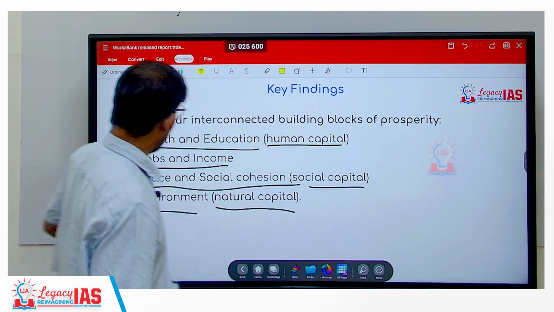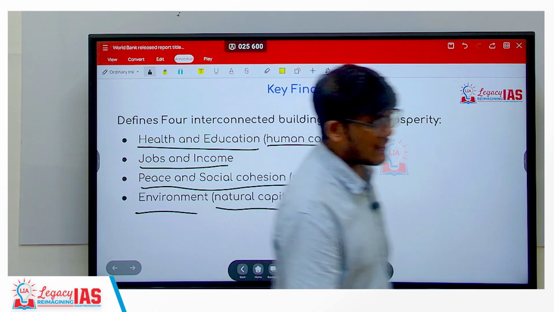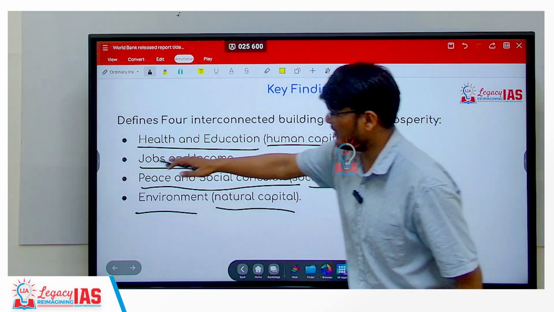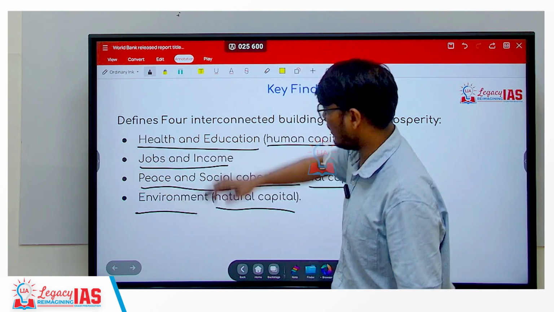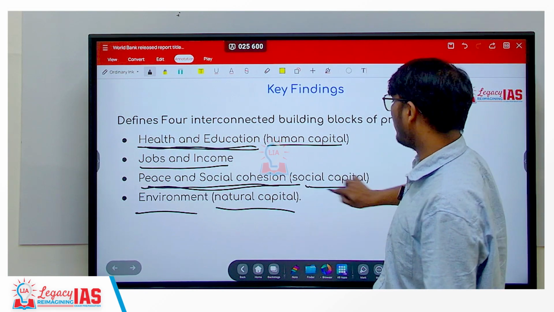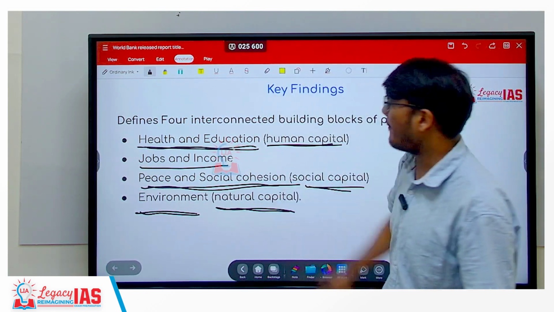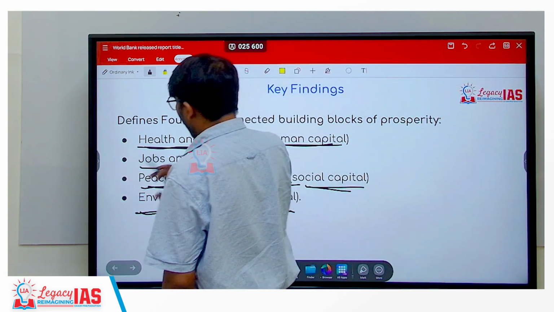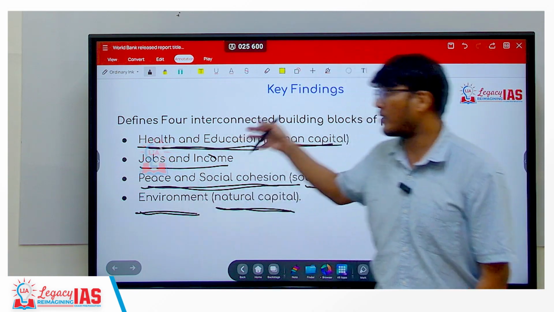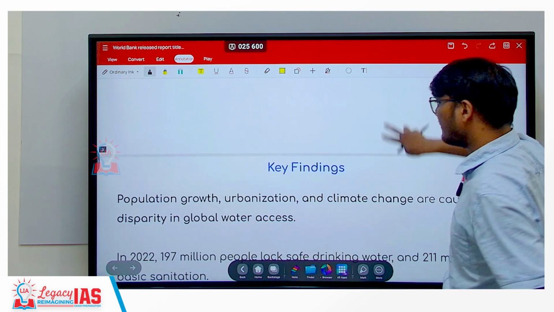Now here also jobs and income may be termed as economic capital, but the report does not term it as economic capital and leaves it as it is. It just terms health and education as human capital, peace and social cohesion as social capital, and environment as natural capital, whereas jobs and income are not defined as any kind of capital, which can be an economic capital, but the report does not define them. This is also very important to remember, these four pairings.